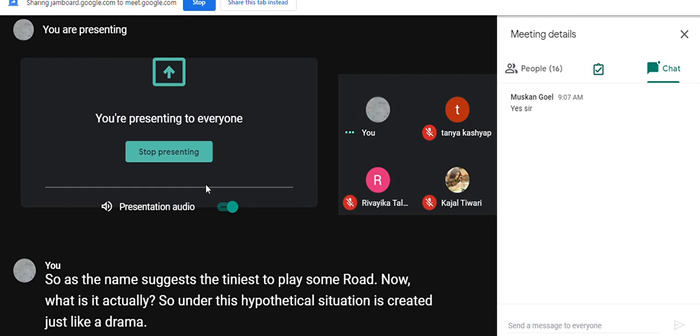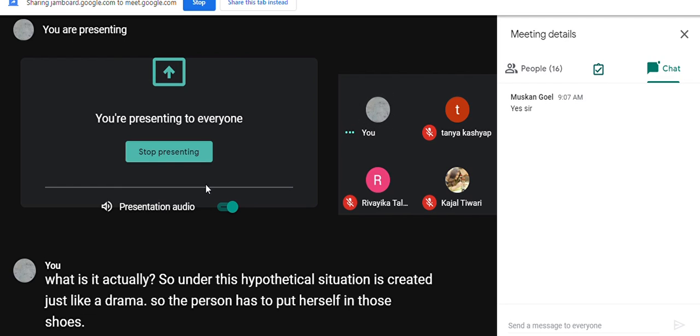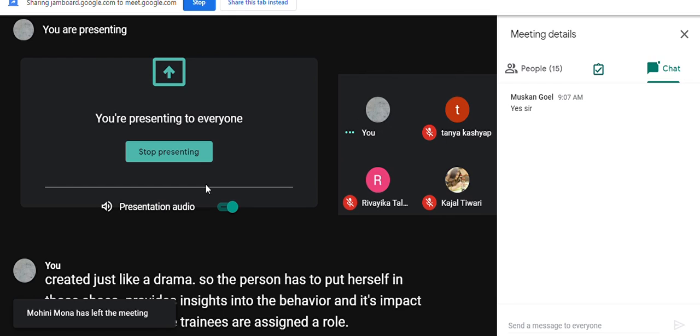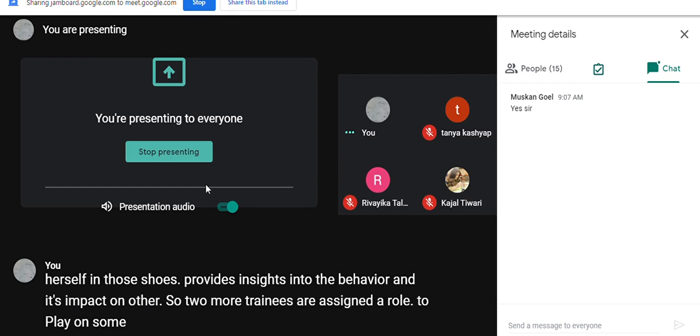So the person has to put herself in those shoes. It provides insights into the behavior and its impact on others. So two or more trainees are assigned a role to play on some problem involving human interaction.